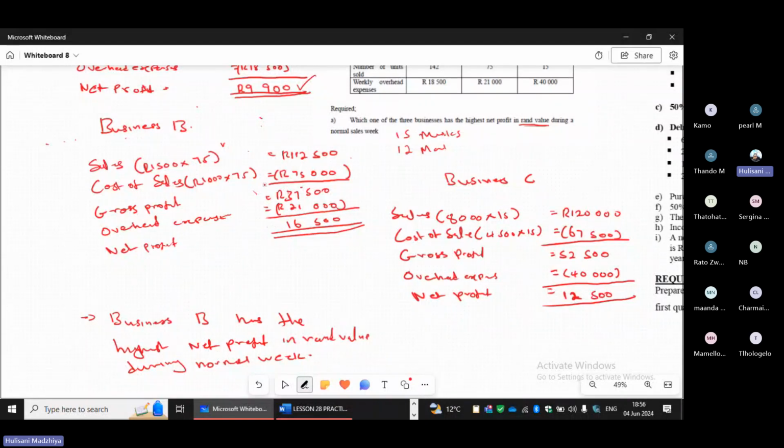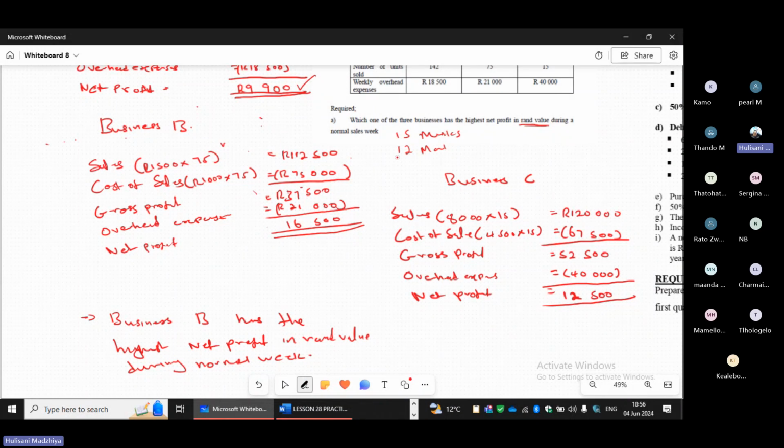So even if you got everything correct, if the question has 12 marks or 13 marks, you lose that 1 mark for commenting, saying that this is the business that has the highest net profit, or this is the company that has the highest gross profit. So in your assessment, you can be asked either gross profit or net operating profit or net profit.